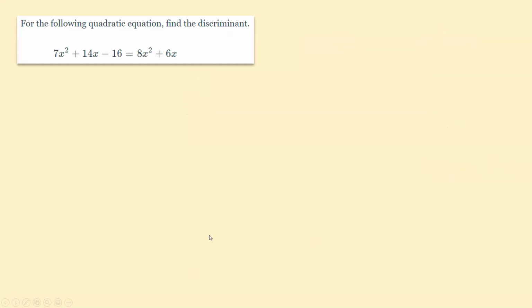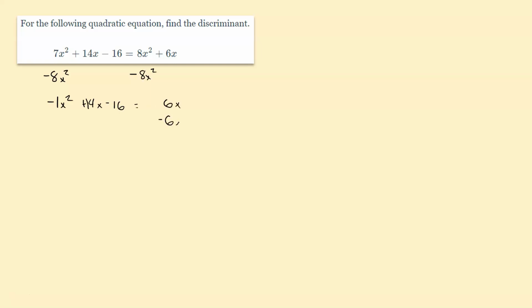So let's go ahead and look at one last example here. This time, the only difference is we have to get it in standard form first. So I think what I'm going to do is subtract the 8x squared on both sides. So you have negative 1x squared plus 14x minus 16 equals 6x.